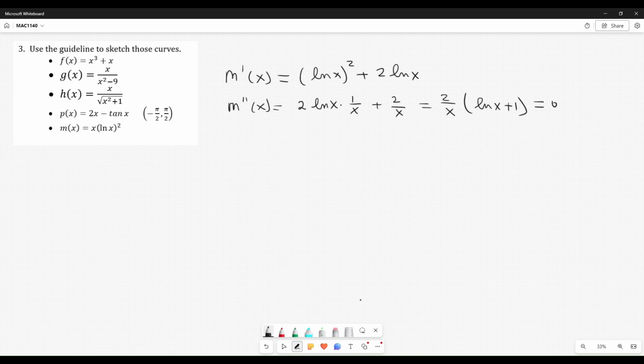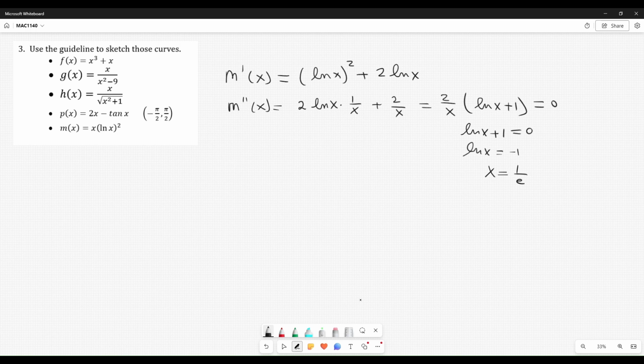And force 0. Then the only solution is ln x plus 1 equals 0, ln x equals negative 1, therefore x is equal to 1 over e. And this is the potential inflection point.